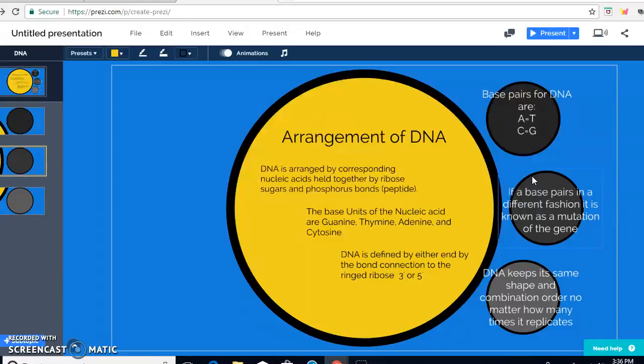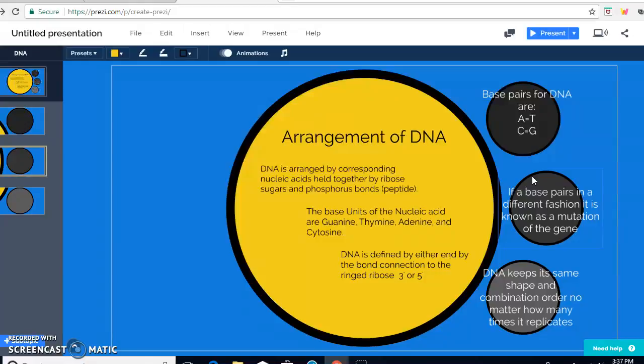It's defined by either the bond connecting to the 3' and the 5'. Now you need to know the difference between the 3' and the 5', basically because during replication of DNA, it will take place at a certain point, but we'll cover that in the next section of this chapter.